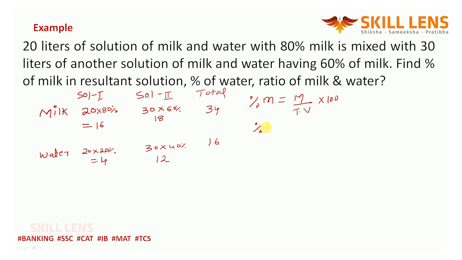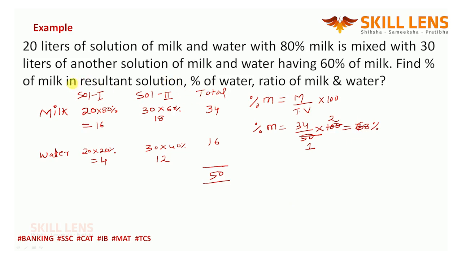Okay, then percentage of milk will become, what is the milk here? 34 liters out of a total volume of what? 50 liters into 100. So 34 into 2, which is what? 68%. Okay, and what is your next question?